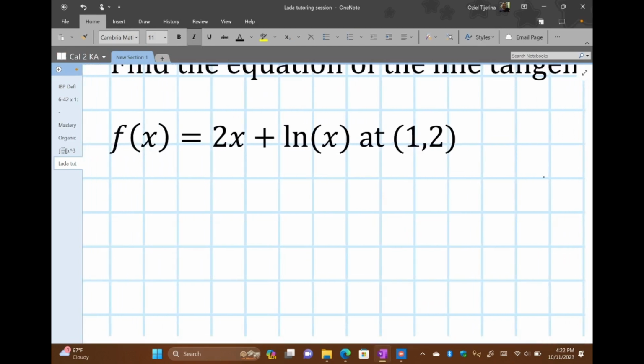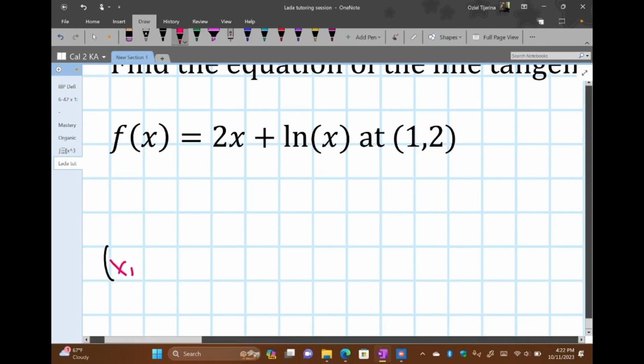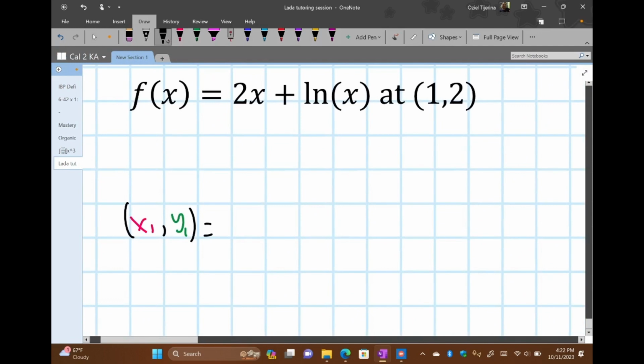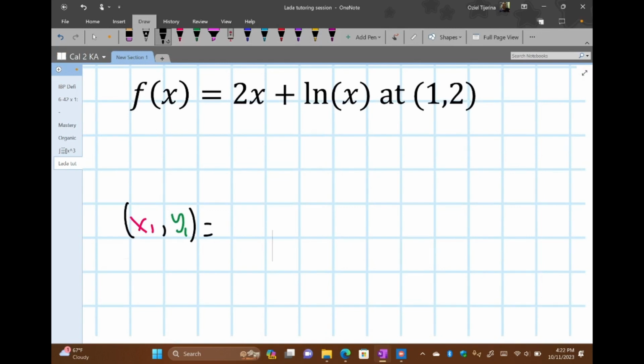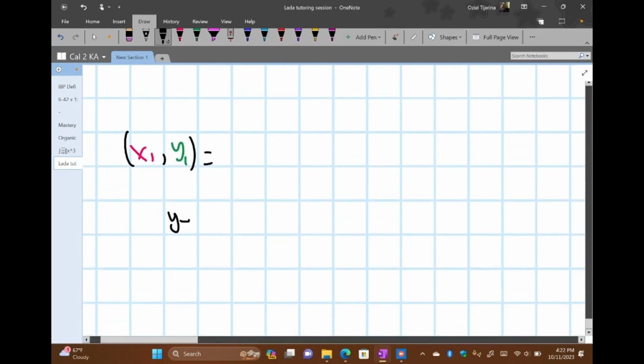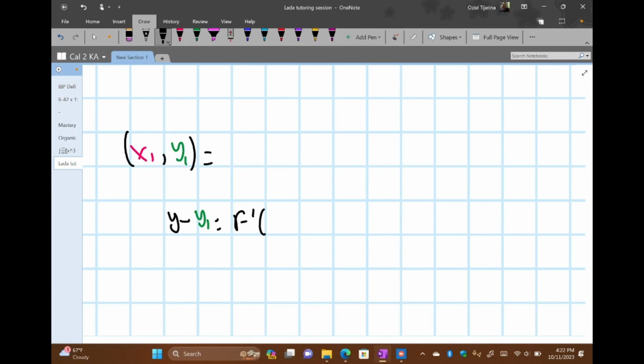Let me write down: if we are given a point x1 comma y1, then the equation of the line that's tangent will be y minus y1 equals f prime of x1 times x minus x1.